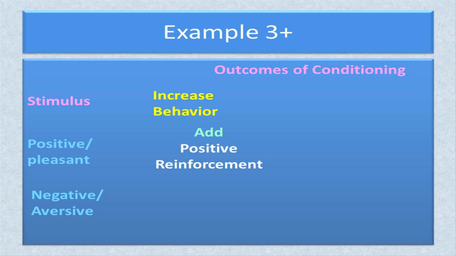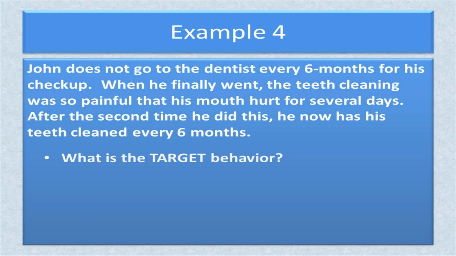When deciding how to use operant conditioning, it is critical to go through the steps of identifying the target behavior, deciding whether it should be increased or decreased, and then deciding on a stimulus and whether that should be added or subtracted to attain the desired outcome. Otherwise, operant conditioning can become rather confusing.